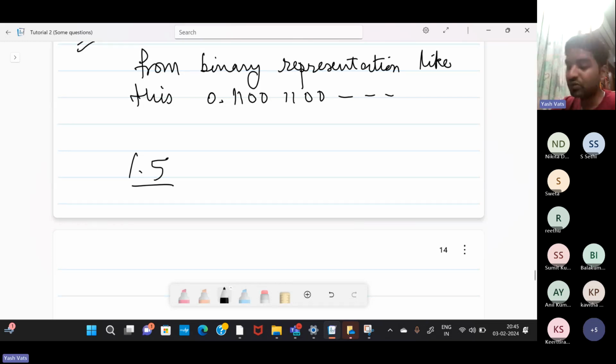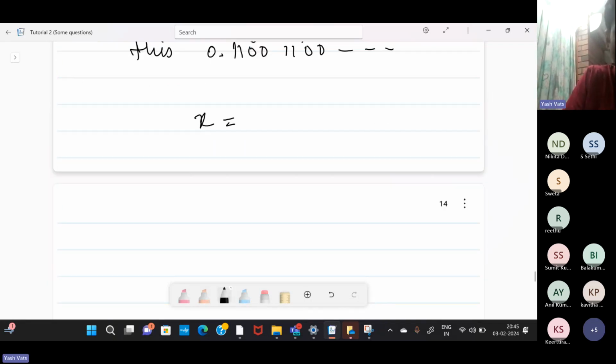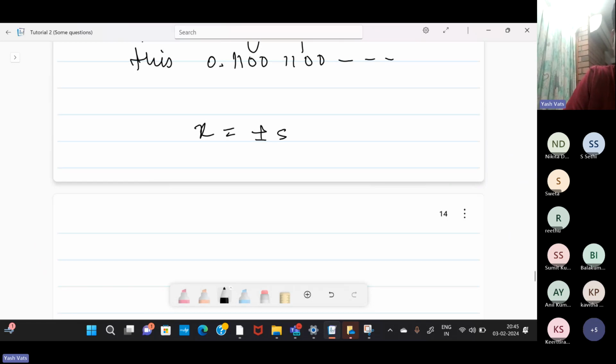So sir has introduced you to a concept: if you can convert a number this way, I'm just recalling. Let me write it: x to be plus or minus s into d to the power e.